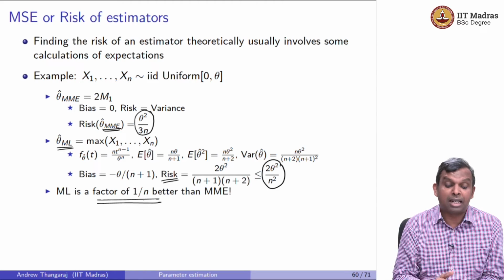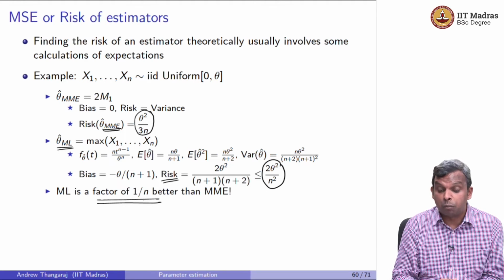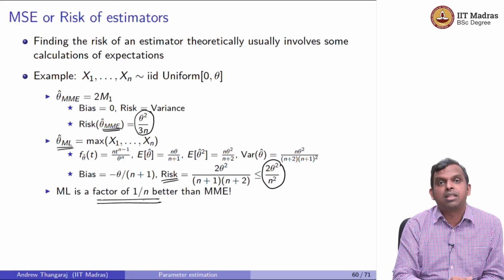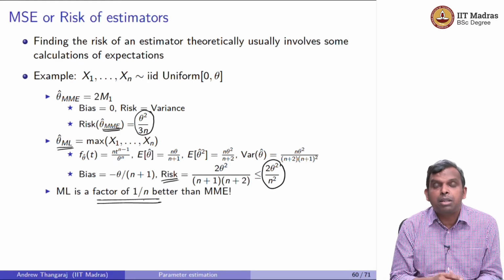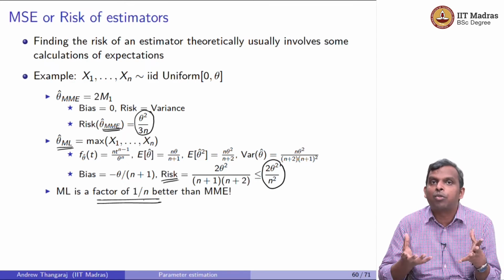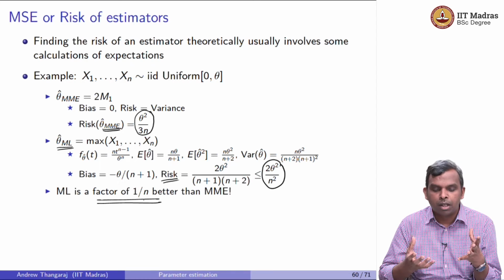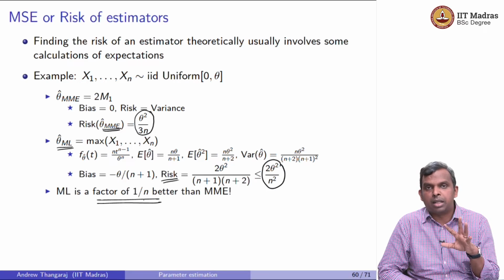Let me repeat that: the ML estimator in this case for uniform 0 theta is a factor of 1 by n better than the method of moments estimator. And n can be 1000, right? You may have 1000 samples, and 1 by 1000 is a huge factor of improvement in the error. So this kind of calculation is also really interesting, for two estimators for the same problem.